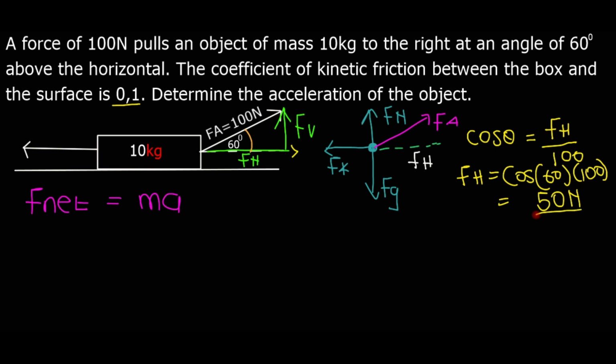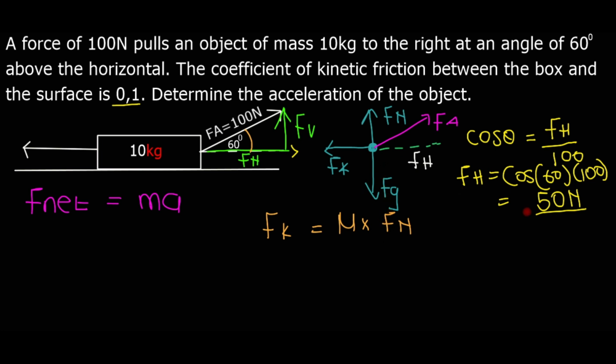And now we need to find the friction. If you remember from the previous videos, when we calculated friction we did it this way: friction equals coefficient of friction times normal force. But we don't have the normal force for this problem, so we need to find the normal force first.